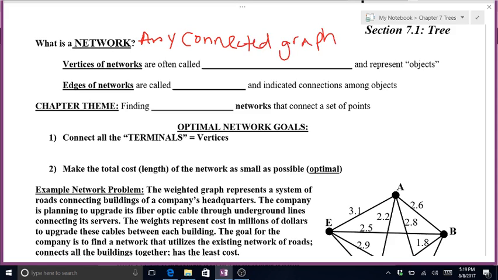Remember, in order for a graph to be connected, there have to be lines or edges that connect each one of the points, dots, vertices, whatever you want to call them. In the tree diagrams, the vertices of the network, we often call them nodes, N-O-D-E-S, or terminals.